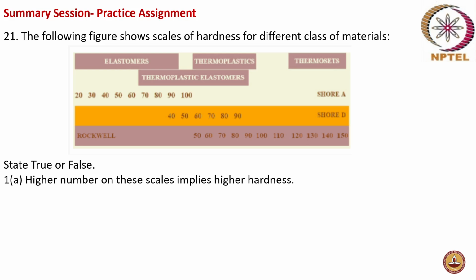I think it's false, but I'm not sure. Why do you say it is false? Because Shore A, elastomers have low hardness. Let's take Shore A hardness. A material with Shore A hardness 20 or a material with Shore A hardness 100, which will have higher hardness? 100. Yeah, that means the statement is true, right? Yes, ma'am.